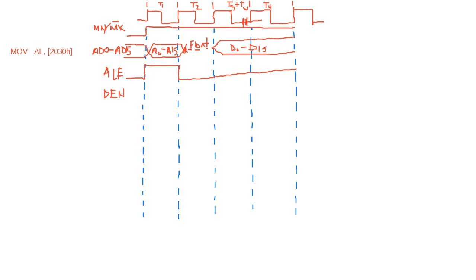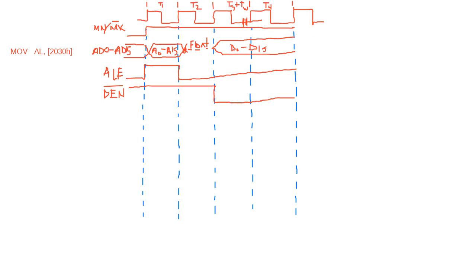Data enable is a low signal. It is used to activate the buffer when the data are available, right? Sorry, I had it opposite. So it must be low during the data time.